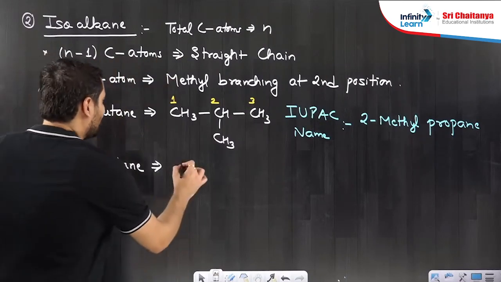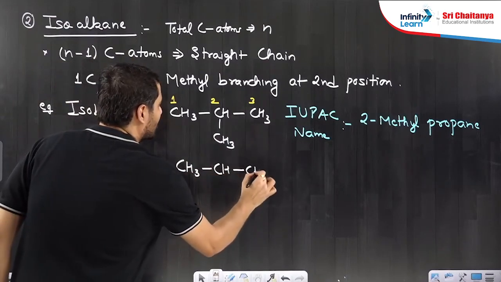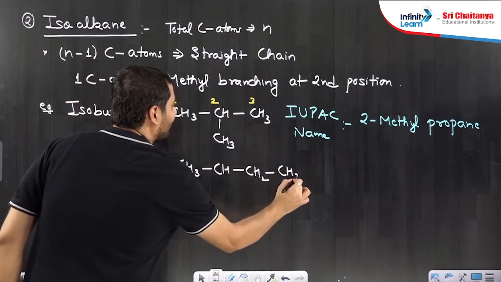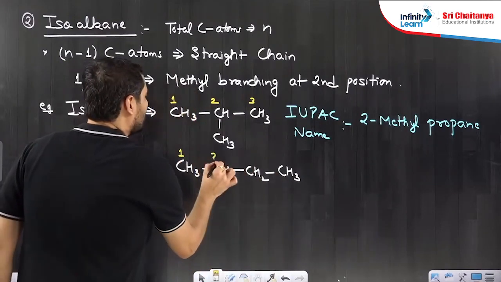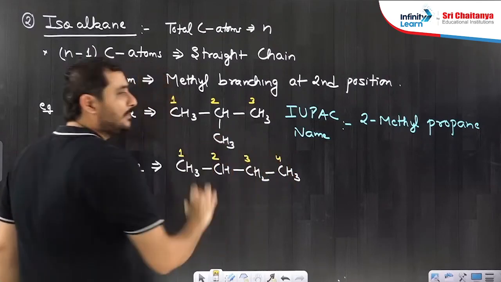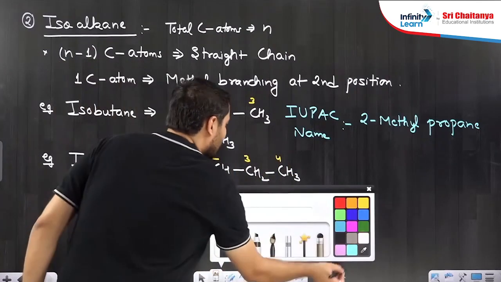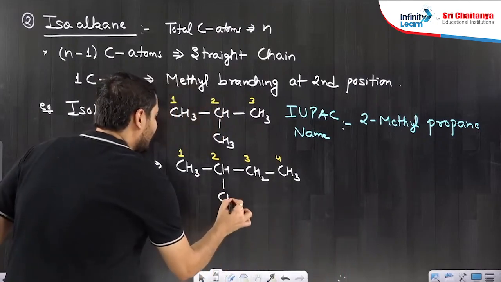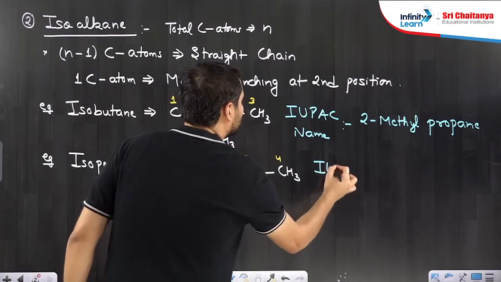So 5 minus 1, 4. So we write CH3, CH, CH2, CH3. The 4 carbon atoms I have written are in which chain? Straight chain. Now write down the numbering: 1, 2, 3, 4. Now the 1 methyl branching is at which position? Second position. So here what is present? CH3. Then can we write the IUPAC name for this compound?